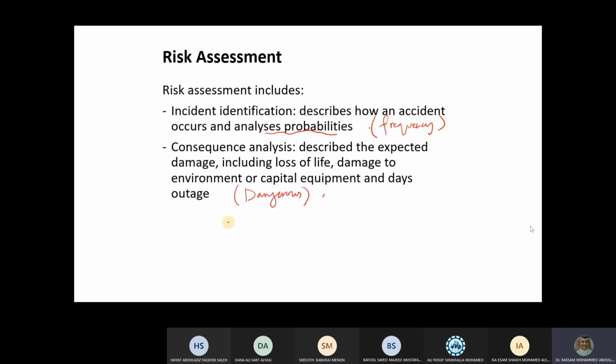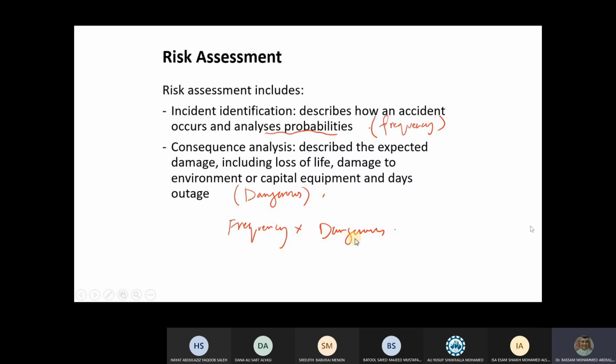And how do we calculate this? Usually we multiply our frequency with how dangerous something is, and then you're going to say, well, if it happens every day, and it is very dangerous, that is something severe that we never want. But for example, it happens once every year, but it is very dangerous.